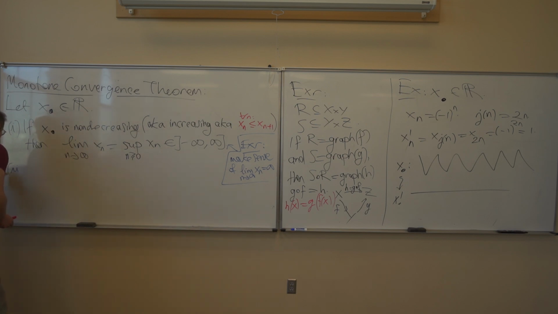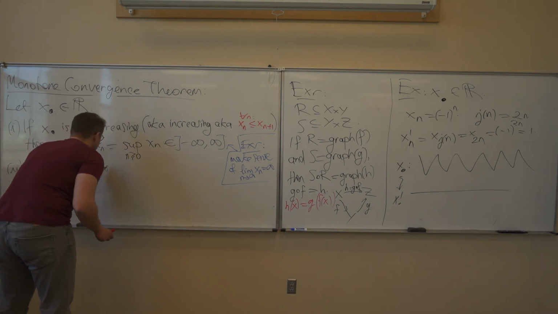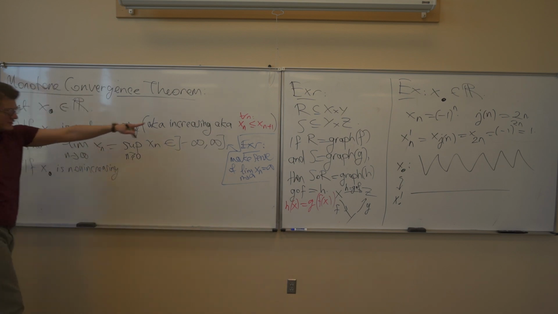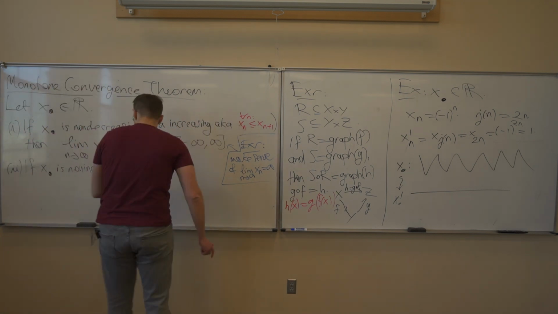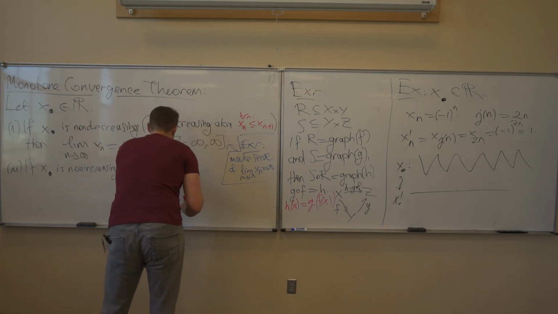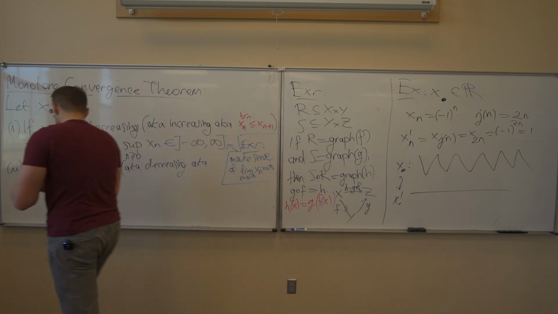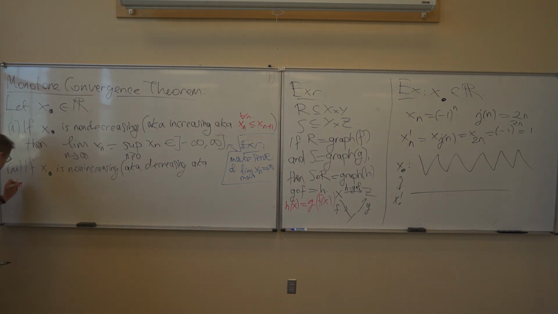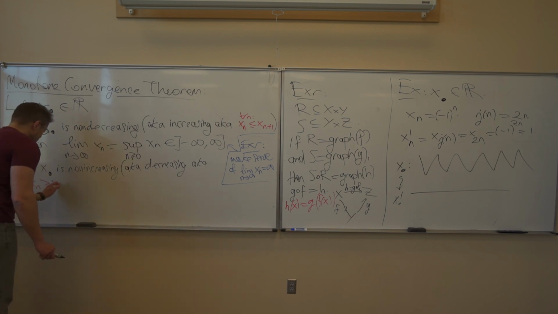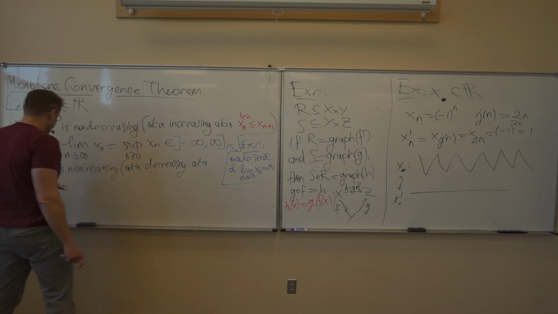So if x bullet is non-increasing, which means that it is decreasing, which means that the other way around holds, aka for all n, x sub n is greater than or equal to x sub n plus 1, then the limit equals the infimum.